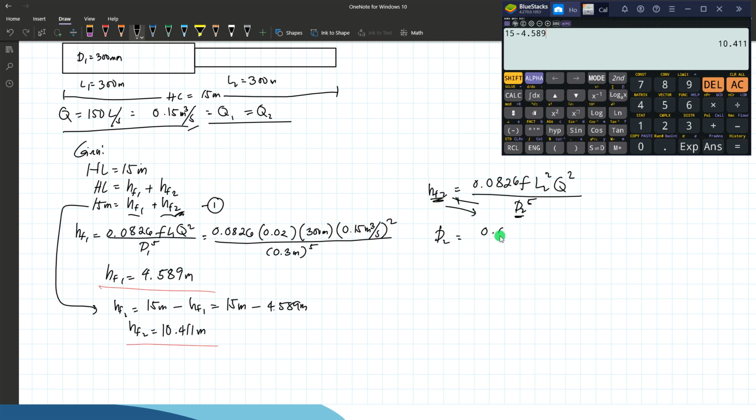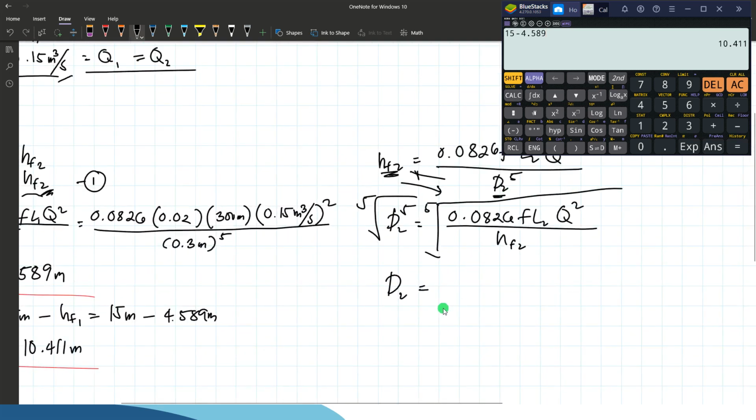We will have D2 to the fifth equals 0.0826 F L2 Q squared over HF2. Then take the fifth root of both sides. That can determine the diameter.